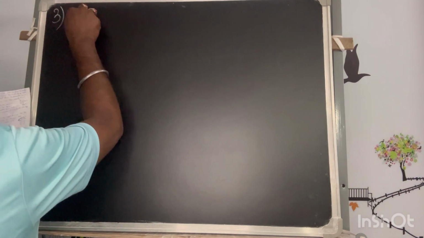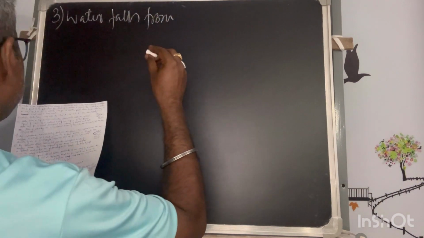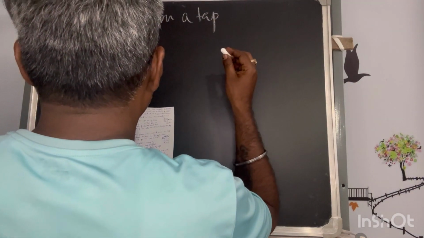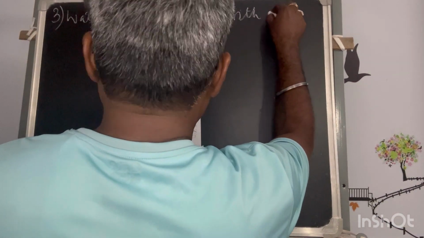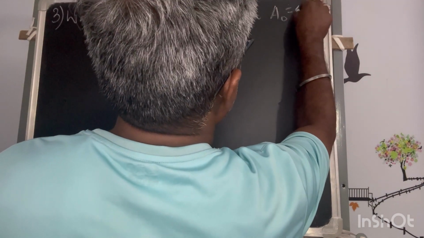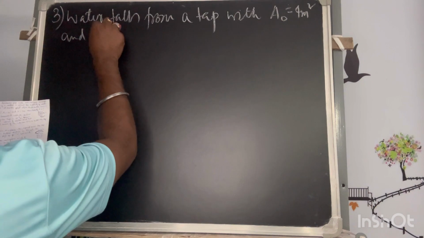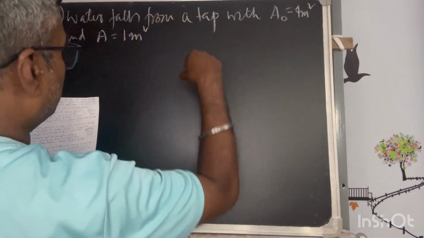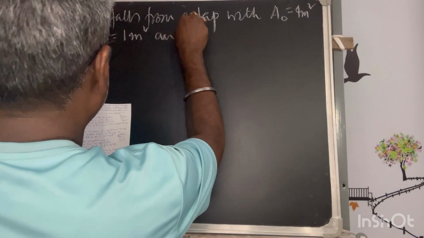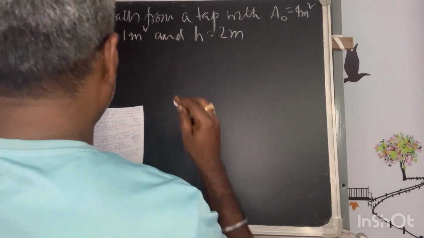Water falls from a tap with A0, meaning the cross section from where the water leaves the tap, A0 is 4 meters square, and A, that means where it is dropping, the cross section is reduced to 1 meter square, and the height through which it falls to become this cross section is 2 meters.